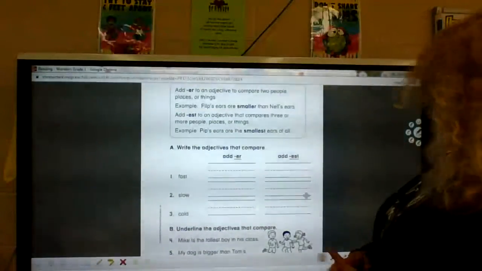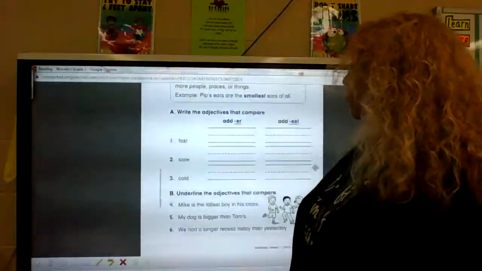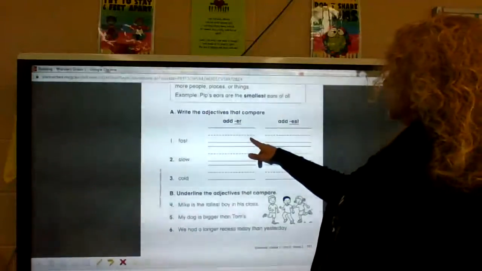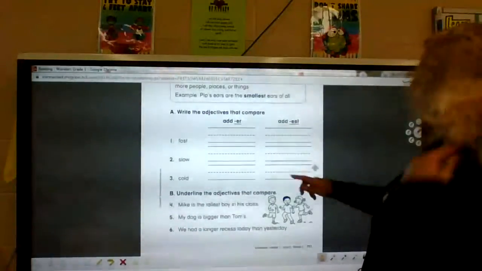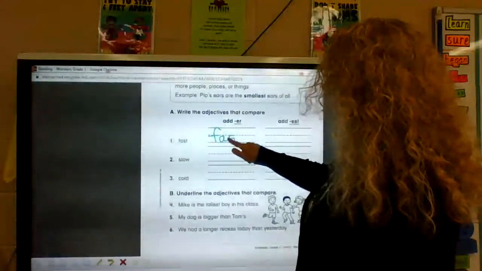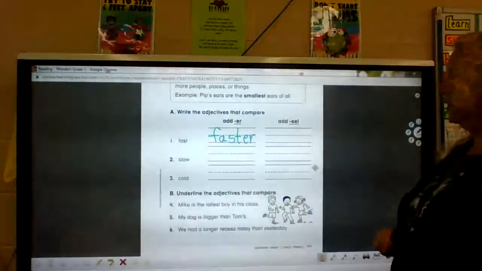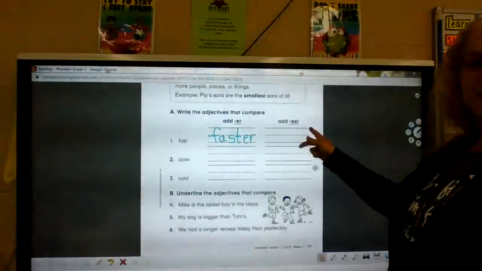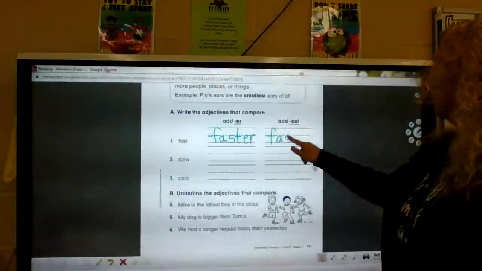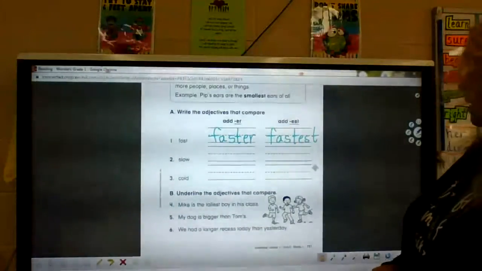Okay, so we're going to write our comparing adjectives. You have fast, slow, and cold. First you're going to add ER, so you'd make it faster. And then fastest with an EST. That's comparing three or more things.